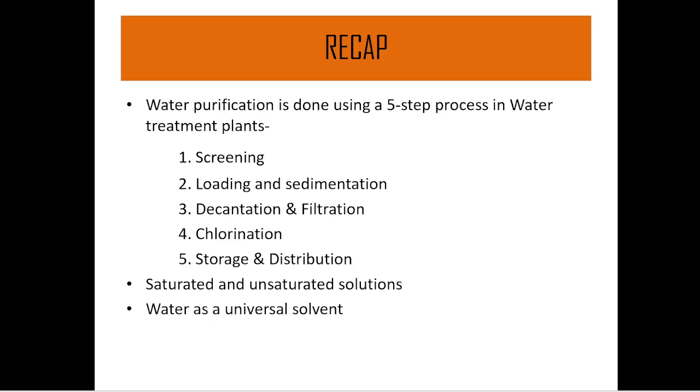We've also learned about saturated and unsaturated solutions, and we have learned the importance of water for life, because water is a universal solvent that acts as a medium of transport, a medium of absorption, and a medium of distribution of nutrients as well as waste products inside all living organisms.